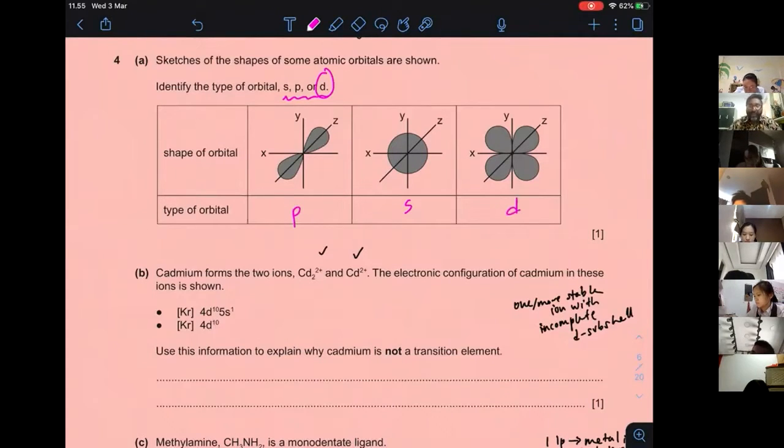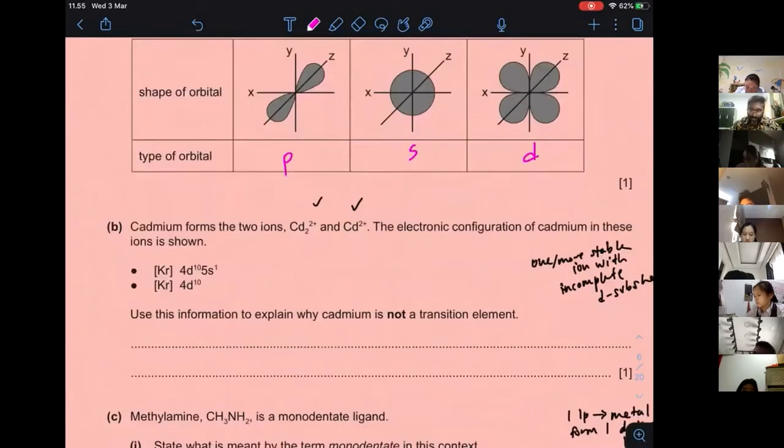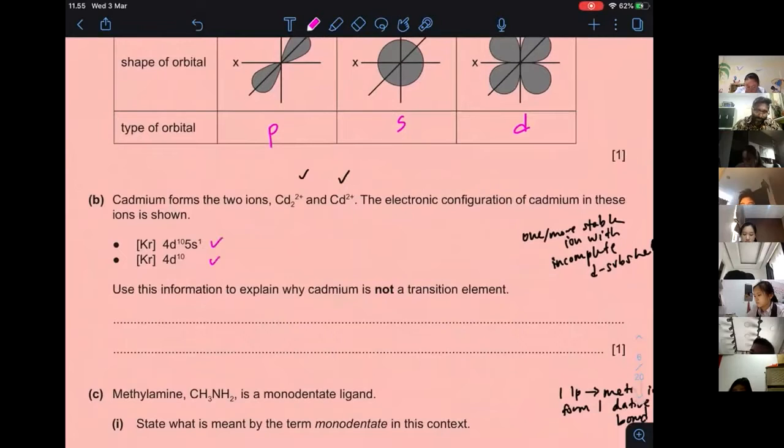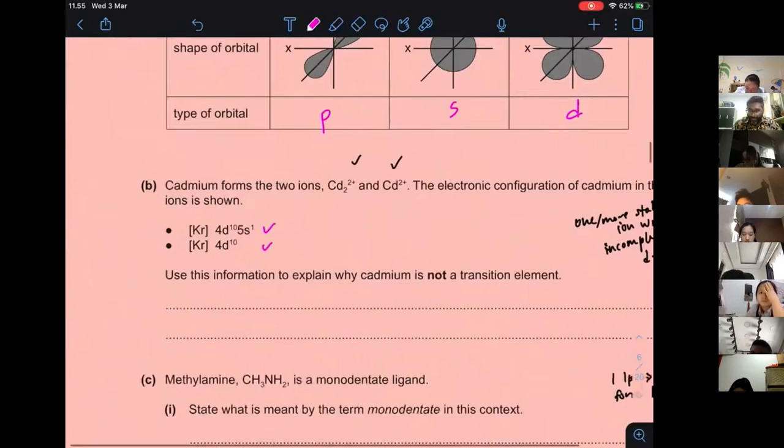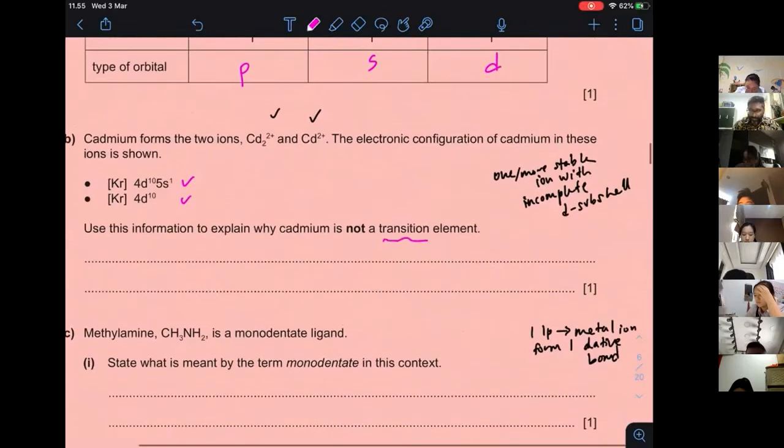Cadmium forms the 2 ions. They have given the 2 ions and the electronic configuration. Now use this information to explain why cadmium is not a transition element. So talking about the definition of a transition element: it is an element that can form one or more stable ions with incomplete d subshell.